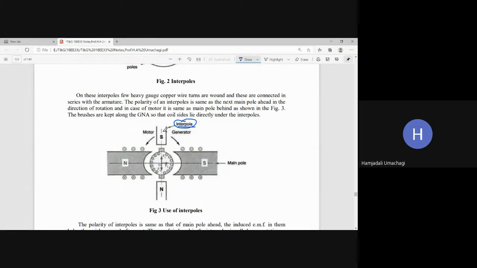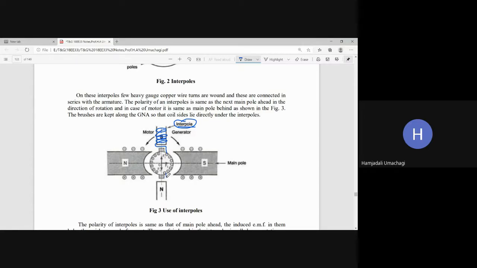So here we are going to make use of some thick gauge wire. These are the interpole windings, and they will be connected in series with the armature.